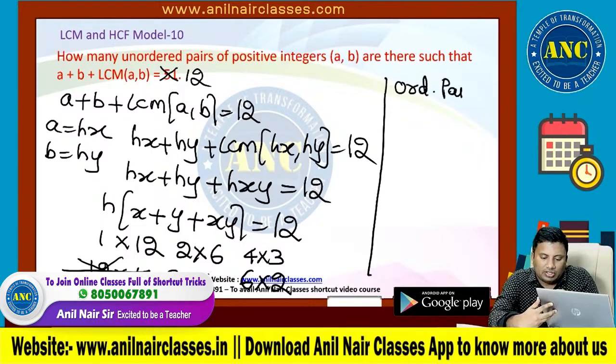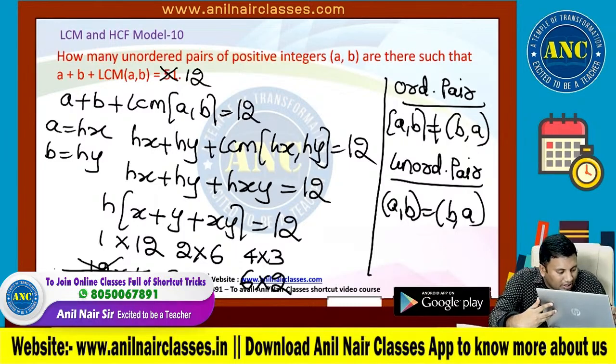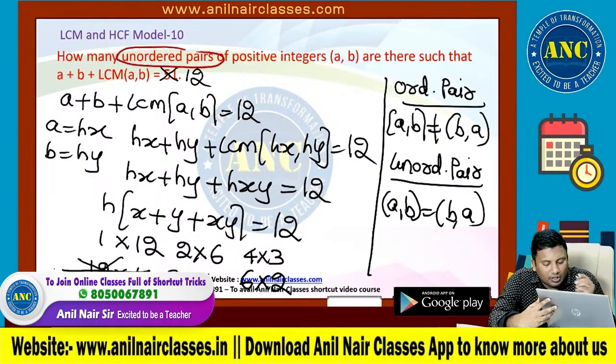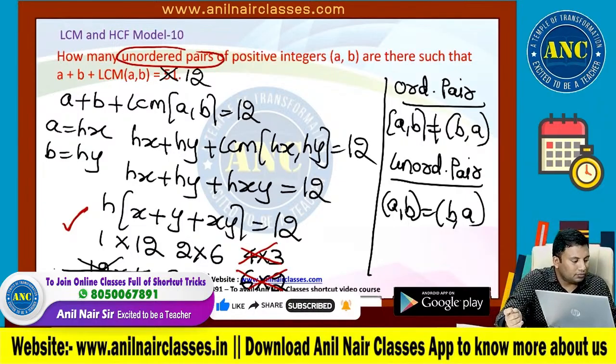Ordered pair: A comma B is not equivalent to B comma A. Unordered pair: A comma B is equivalent to B comma A. Because it is an unordered pair, the reverse I am not taking. This I will eliminate. Total 3 cases I got.